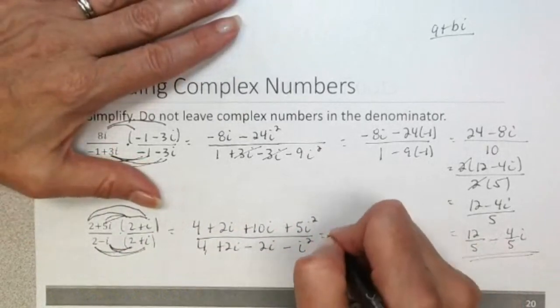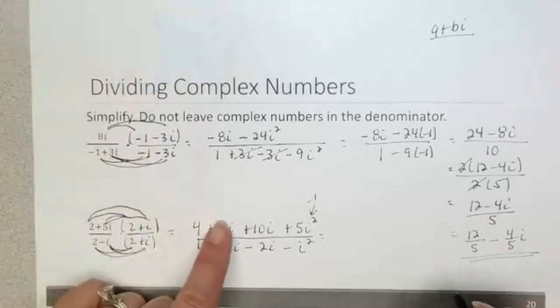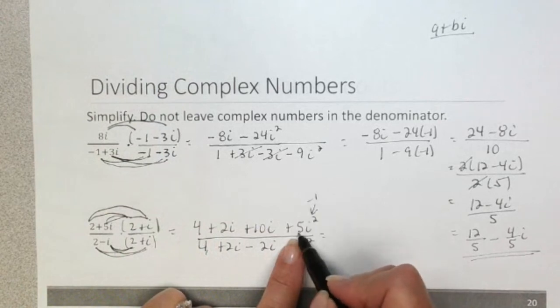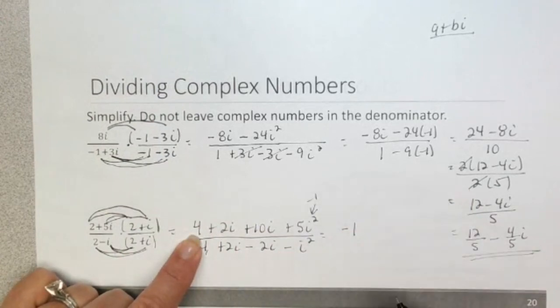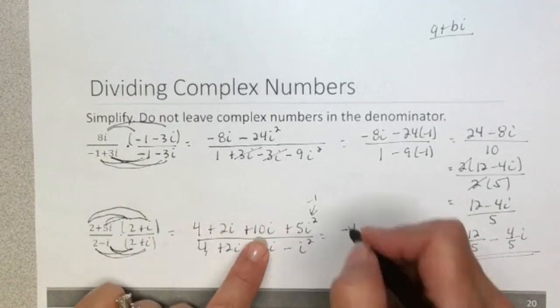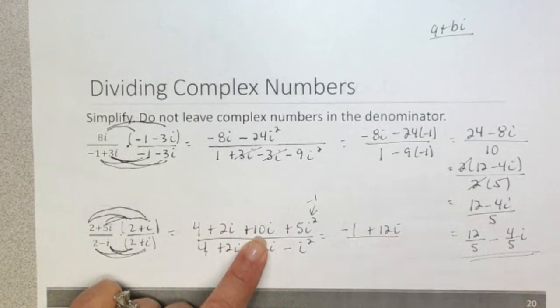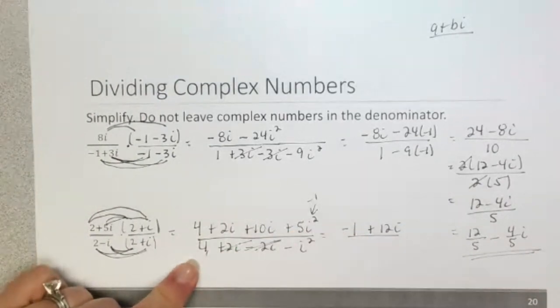Okay, let's see. Simplify that numerator. The i squared here is -1, right? And I can combine my like terms. So 5 times -1, that's -5, plus 4. That's going to be -1, right? -5 plus 4 is -1. And 2i plus 10i is 12i, and that's positive. And the denominator, well, those i terms, they do add out, right?